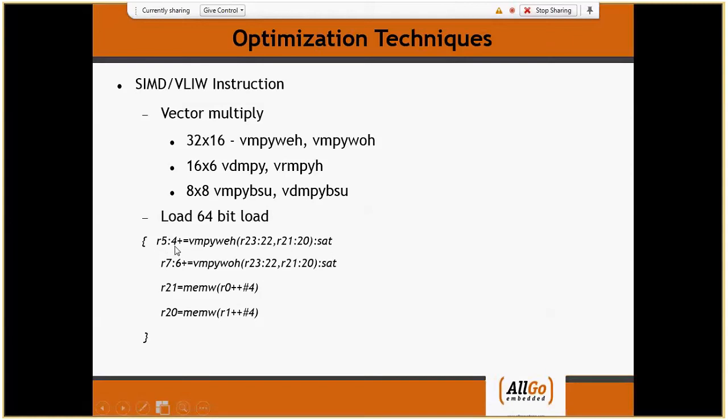So R5 and R4 here are the accumulators, and R7 and R6 are the accumulators. And at the same time, you can load two data into two different registers. So all this can be done in one instruction, all in parallel. So it's a typical SIMD example which has been shown here, and a VLIW instruction.